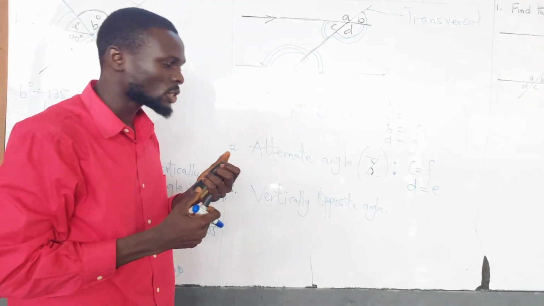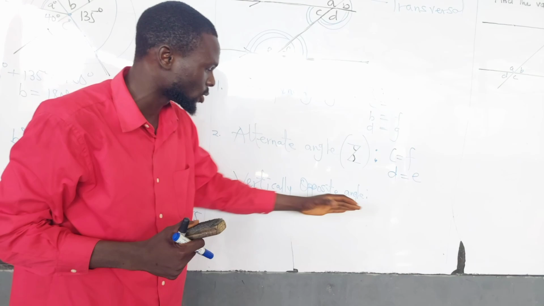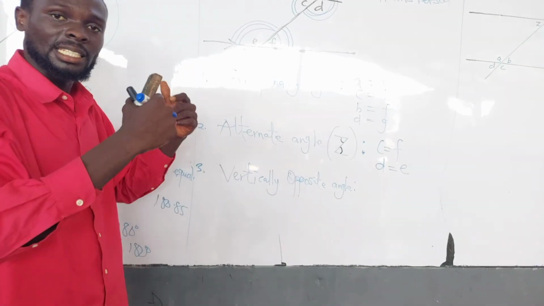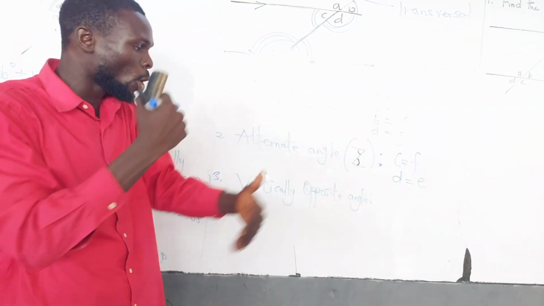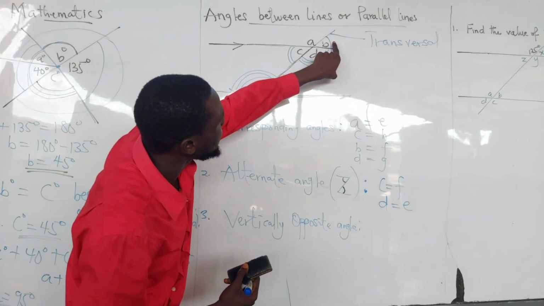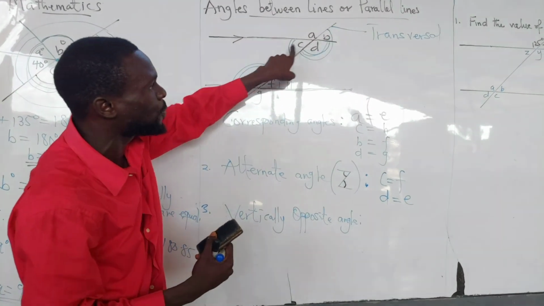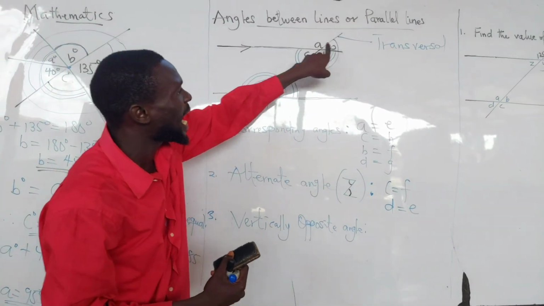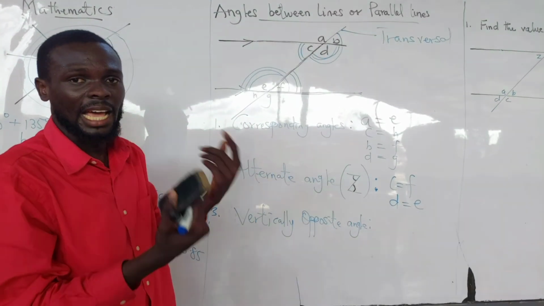Now, what did we say last week about vertically opposite angles? We said they are the angles that are at opposite sides. So if you look at this, you can see that this and this are at opposite sides. So when they are at opposite sides, then they are equal.